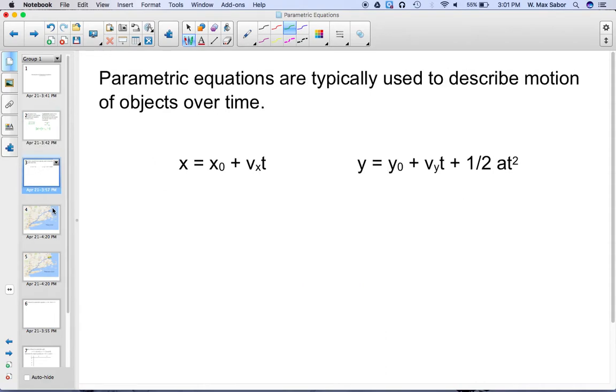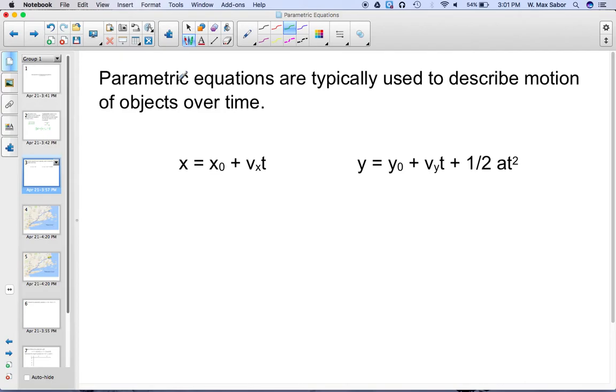So the idea is that parametric equations are usually used to describe motion of objects over time. You've probably seen these in physics with x equals the starting position plus the initial x velocity times t, and y equals the initial y position plus the initial velocity in the y direction times t plus 1/2 times the acceleration in the y direction times t squared.